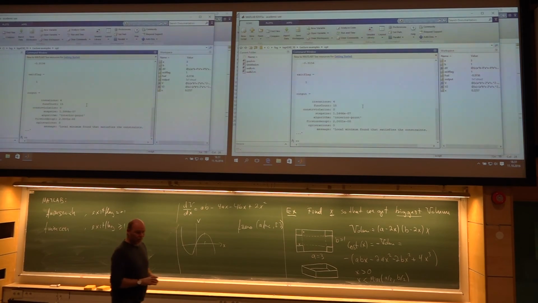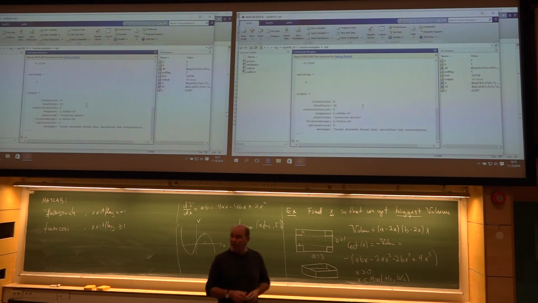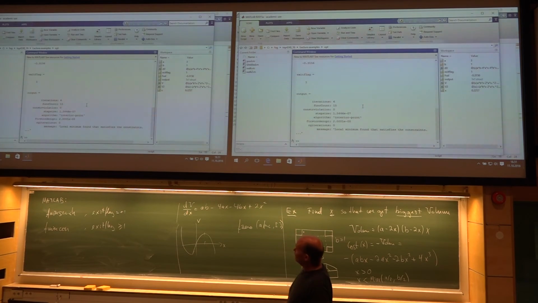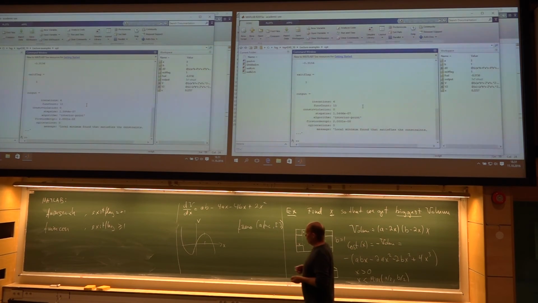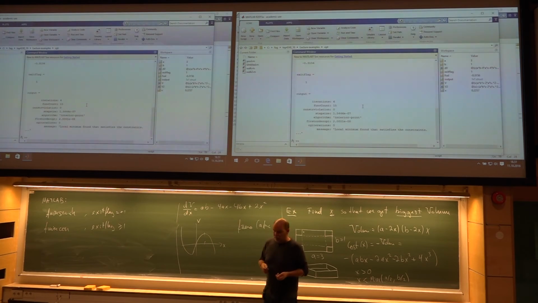Then you see, to find the solution here, it had to use 6 iterations with a total of 15 function counts. So it found the solution for this problem with only 15 tries. That's not so stupid. I believe it would have used a lot more.